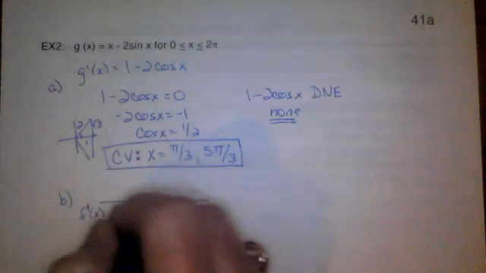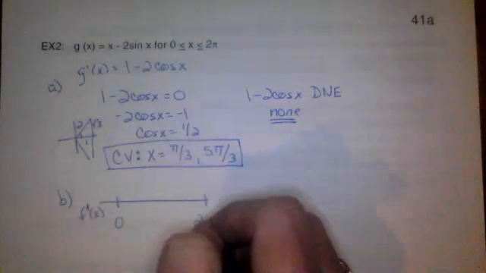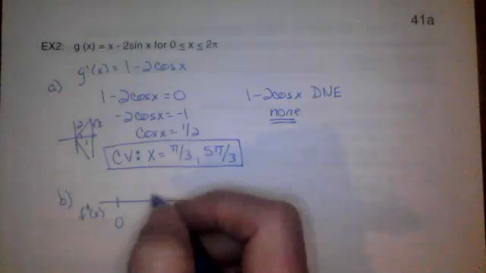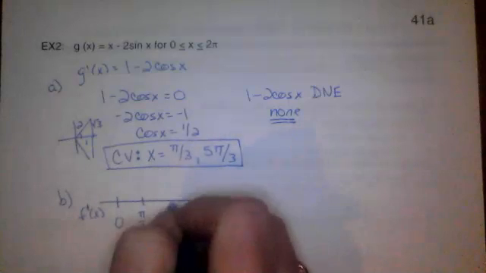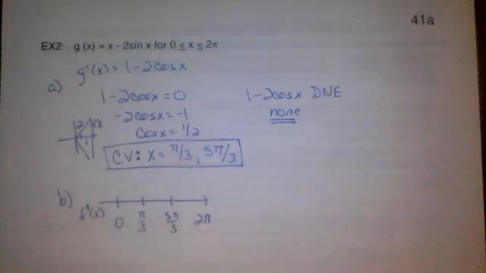And our interval is supposed to run from 0 to 2 pi. So we're going to put our pi thirds and 5 pi thirds in between. And then we need to pick some values that we can solve for that are in between those spots on our number line.